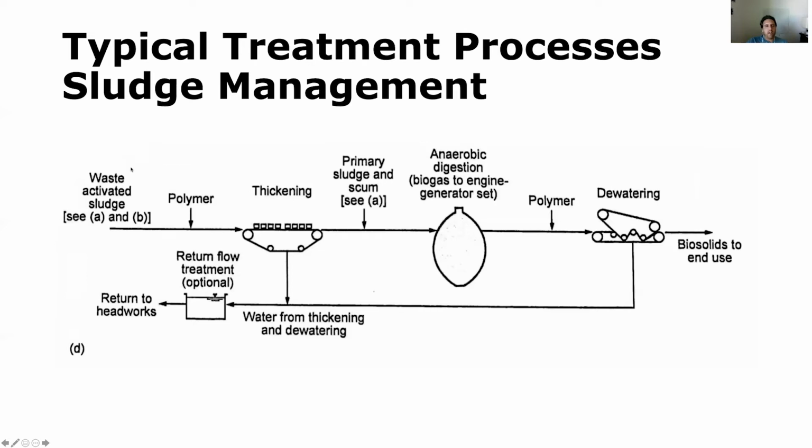We might add polymers to condition the sludge a bit more and make it more stable. And then finally, the biosolids are what's referred to as the final treated product of sludge, which can be reused or returned to the environment. The water, which is squeezed out from thickening processes and dewatering processes, needs to be either treated or returned back to the headworks of the treatment process.